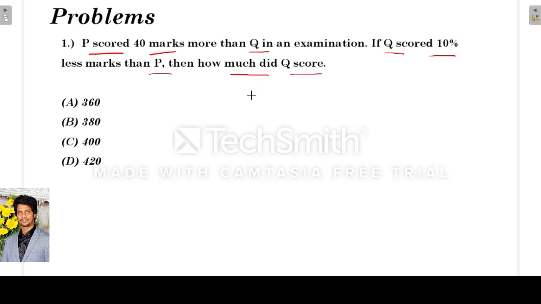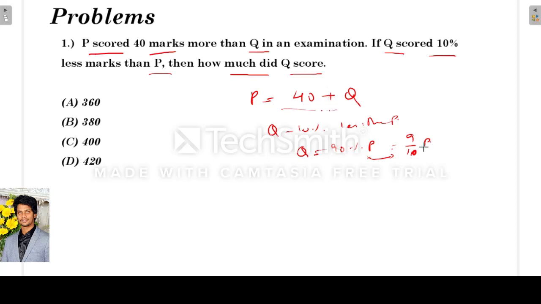So they are telling P has scored 40 marks more than Q, and they are also telling Q scored 10% less than P, means Q score is 90% of P, means 9 by 10 into P. I'm just converting it into fraction. So they are asking what is the score of Q, right?